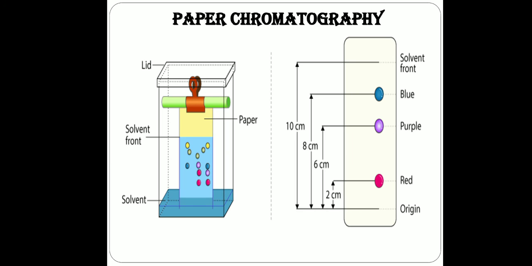Then development techniques: various techniques are available for the development, and any development technique can be applied. So the main requirements are the stationary phase, mobile phase and sample applicator. Then the development chamber.